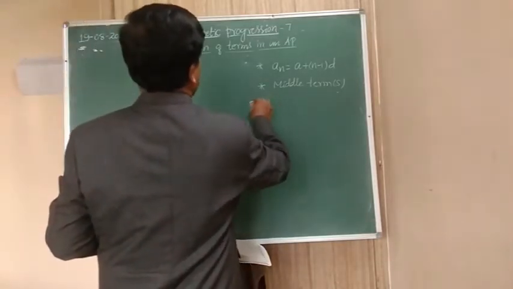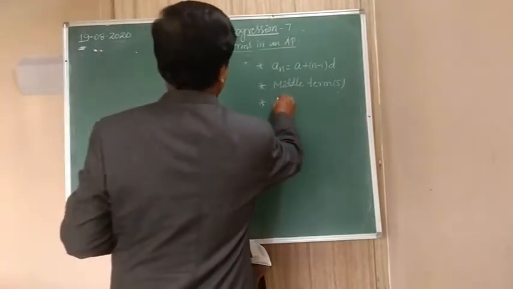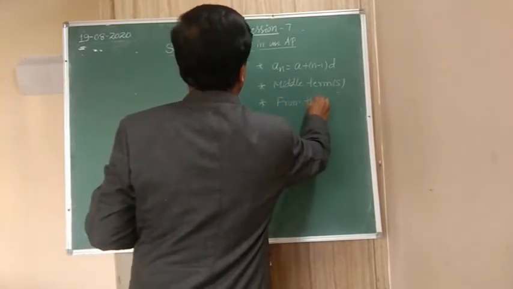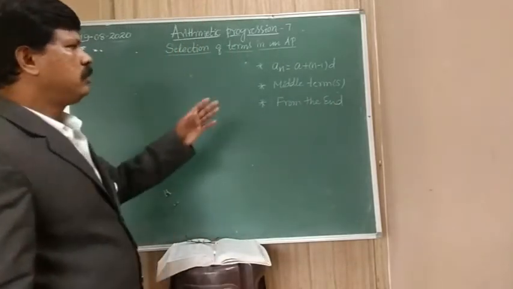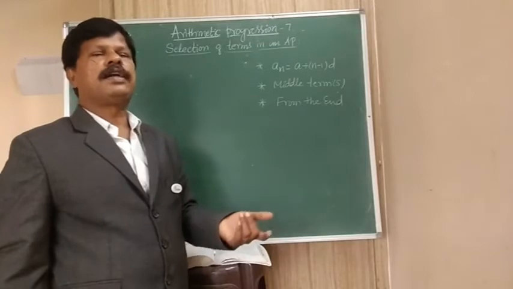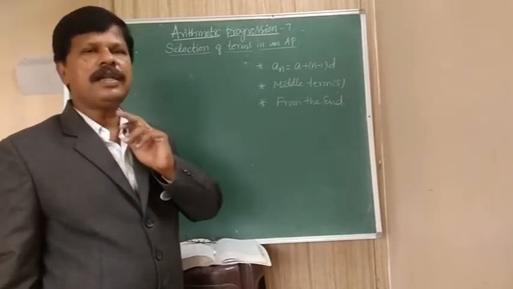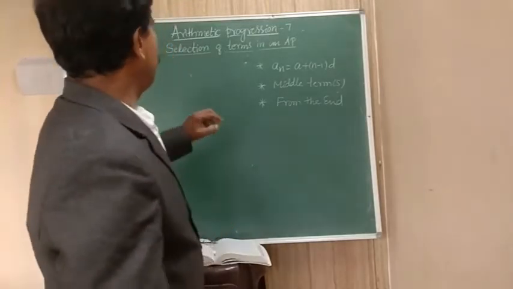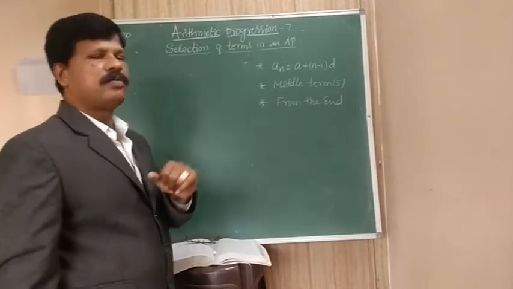The next one is finding the terms from the end. Also, we studied different types of problems based on the nth term of an AP. Today, I am going to do a new concept, that is selection of terms in an AP.